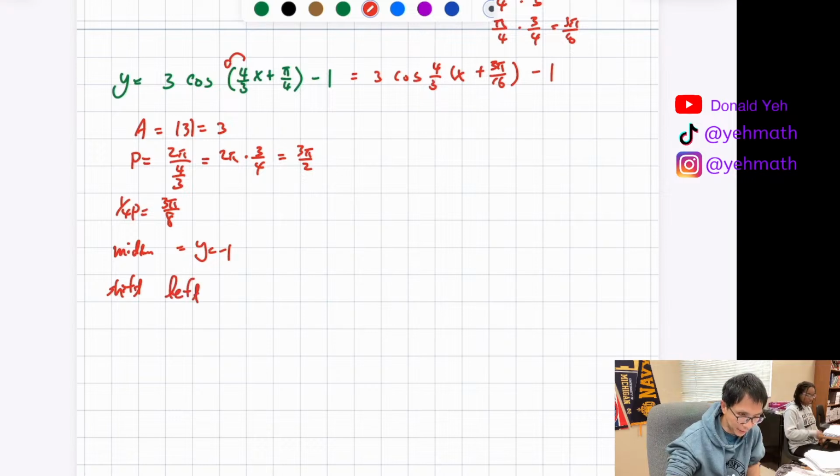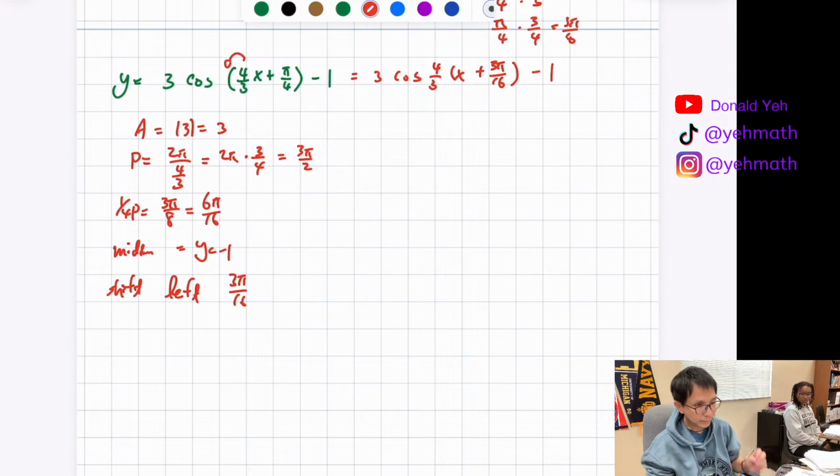Left, how many units? 3 pi over 16, right? Now I want to make sure that the quarter period is the same as this. So that's gonna be 6 pi over 16. So that means each time I add, I'm gonna add exactly 6 pi over 16.